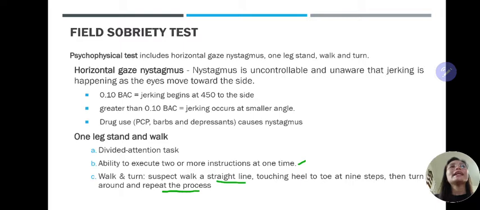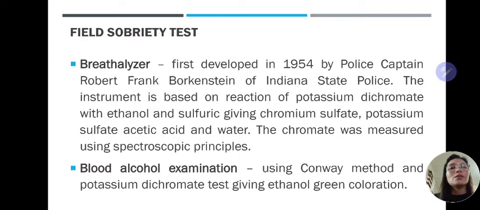So, ito yung kailangan nilang gawin para makita if meron ng impairment ng balance dun sa suspect. Sa field lang siya ginagawa. Okay, kapag nag-fail dun dito sa mga field sobriety test, nagpapakuha na sila ng blood to be submitted in the laboratory for blood alcohol concentration examination.